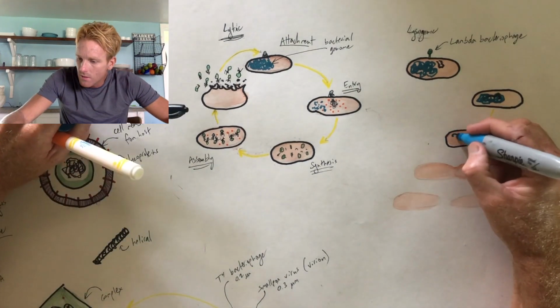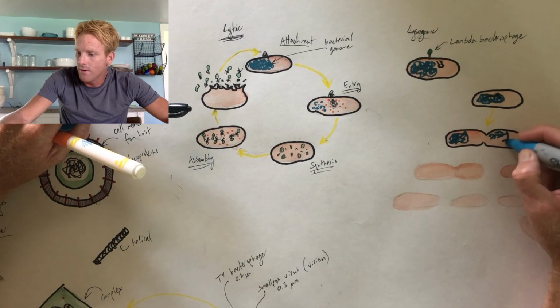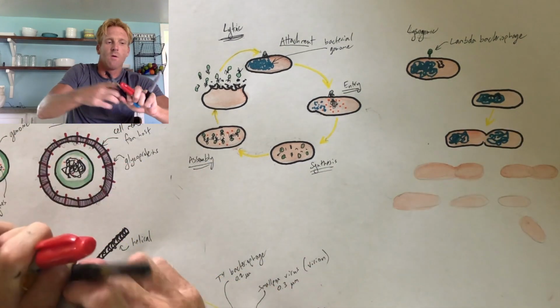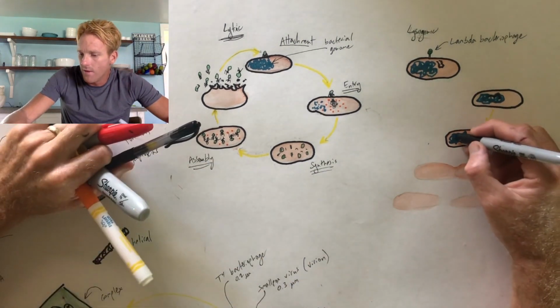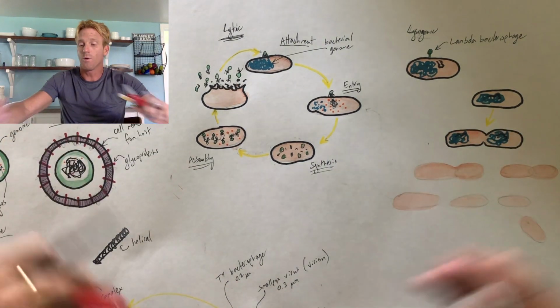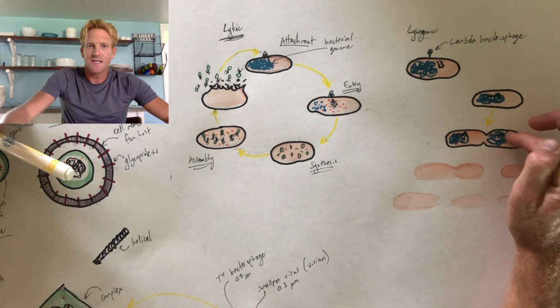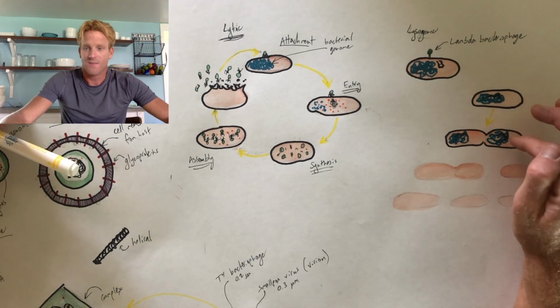So you're going to have the original bacterial genetic code, and then incorporated into that, you'll have the viral genetic code, which is reproduced. And what's crazy about this is that this can change the behavior of this bacterium.